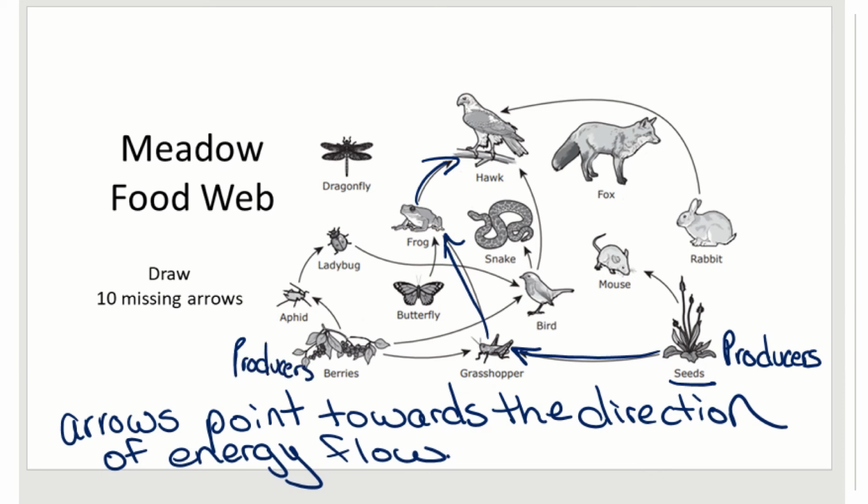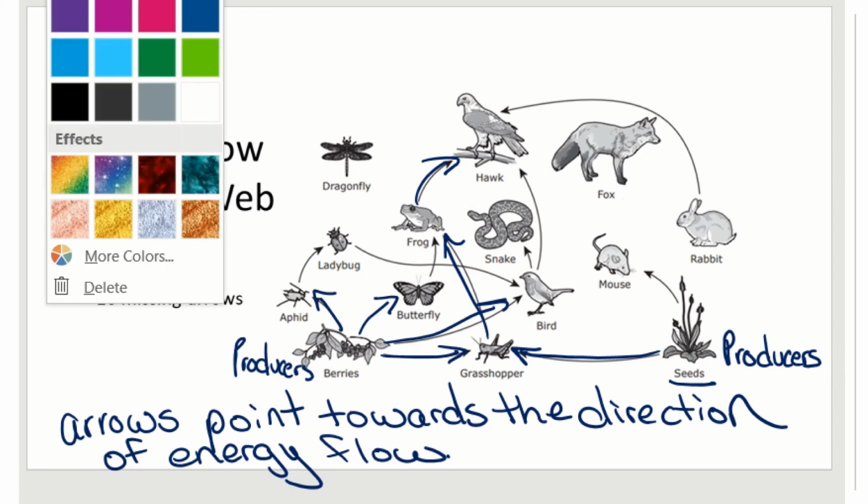And the way that I can tell that that's the producer is that all of the arrows are pointing away from it, meaning that it is getting consumed by other organisms. For instance, in this case, the berries are getting consumed by birds, by grasshoppers, by aphids, but notice how it could also get consumed by a butterfly, which then would get consumed by a frog and then a hawk and so forth. So that would be one of our missing arrows.